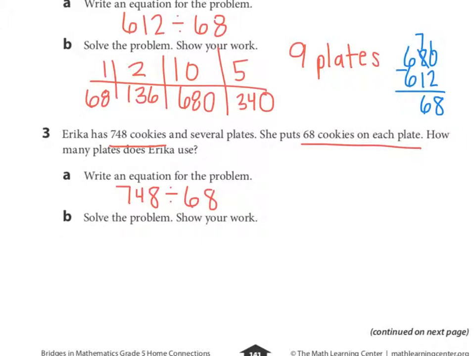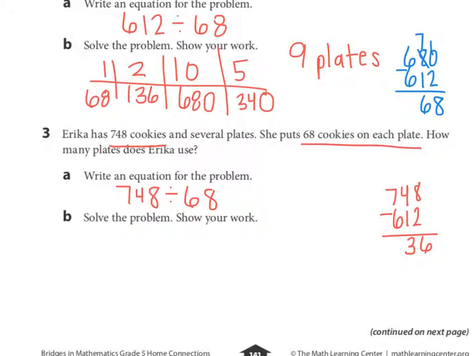So let's be smarter here. Work smarter, not harder. What's the difference between 612 and 748? Let's solve that. So 748 minus 612. And the answer here is 36.